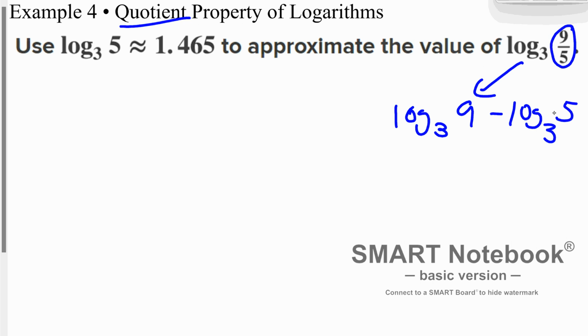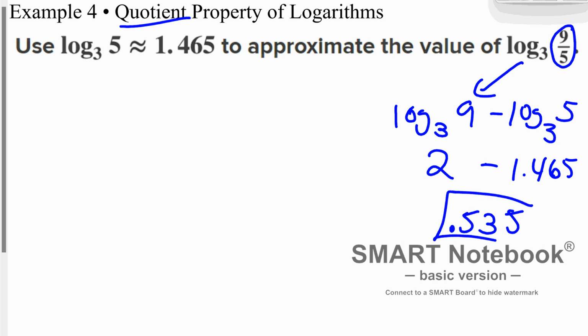It says log base 3 of 5 is 1.465, and for log base 3 of 9, 3 raised to what is 9? That'd be 2. Then I can just subtract these, and what I get is 0.535. Yep, that is correct.